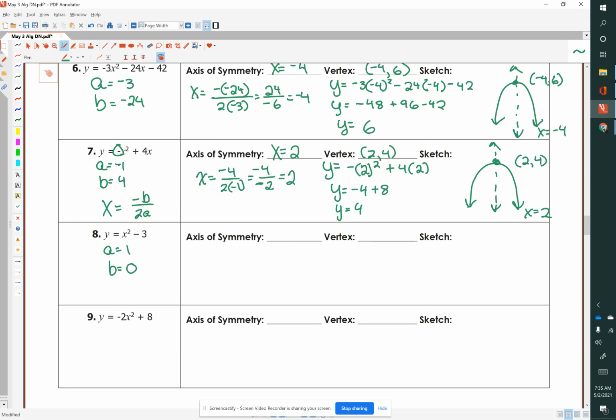There's no linear x term in here. So we can think of it like this: x equals 0 divided by 2 times 1, which would equal 0 divided by 2, which equals 0. So the axis of symmetry is x equals 0. So the axis of symmetry is going to be the y-axis.